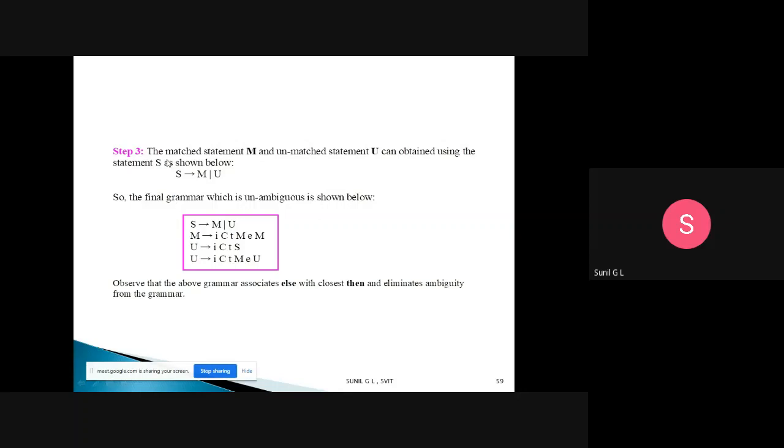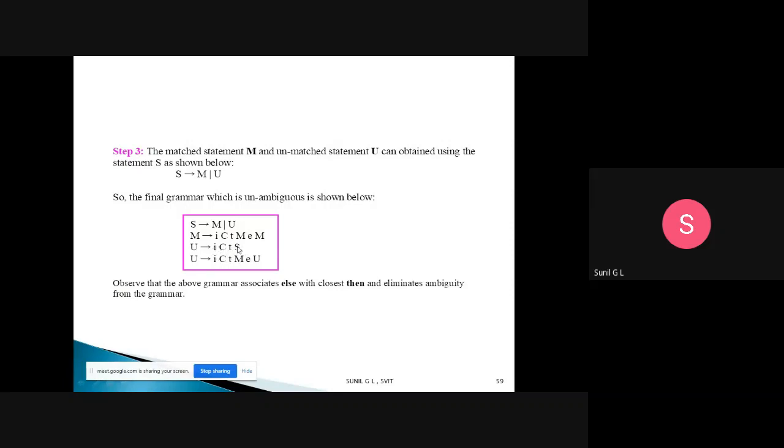So the final grammar: from the basic S tends to M or U, and this matched statement I C T M E M, that is, if condition then matched statement else matched statement. Then U tends to if condition then statement.